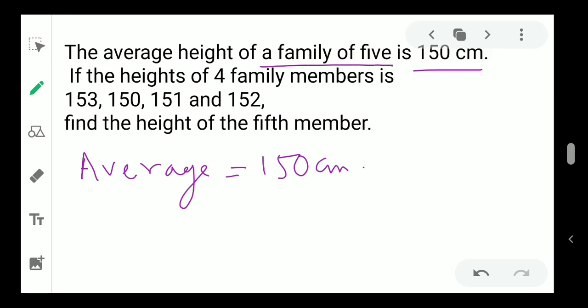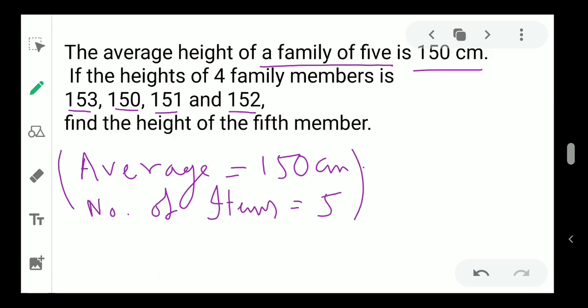That is also given, so number of items is given. If the heights of 4 members are given, you have to find the height of the 5th member. So see, we can find out the total with it, right?